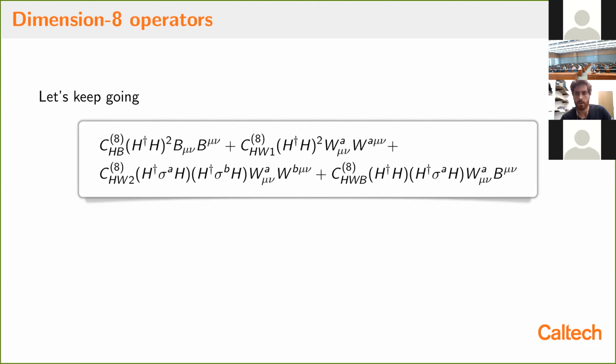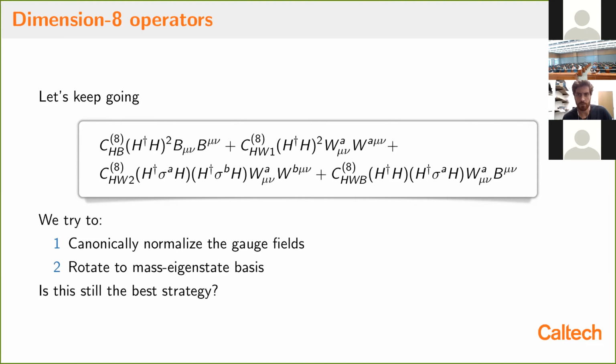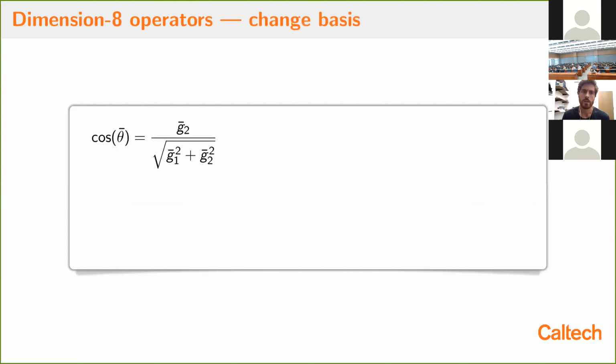And you might say, okay, let's try the same solution as before. Let's canonically normalize the gauge fields and then rotate to the mass eigenset basis. So you have to redo all these steps because there are dimension 6 squared effects which you didn't keep track of from before. And you might start to wonder whether this is the best strategy. Just as an example, this Lagrangian parameter, this rotation angle, in the standard model, it's very simple.